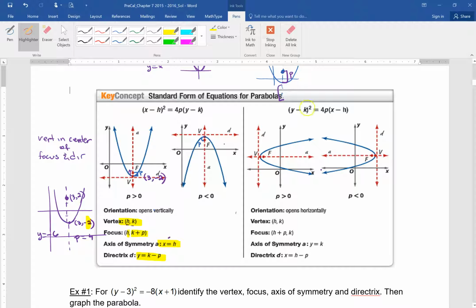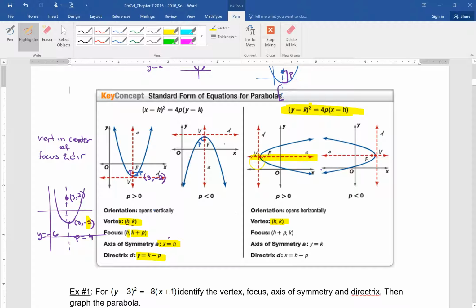Suppose now it's not the x that's squared, but the y that is squared. If the y variable is the one that's squared, my vertex again is h and k. Now, my axis of symmetry is horizontal.